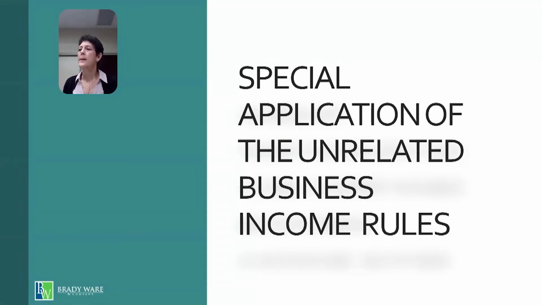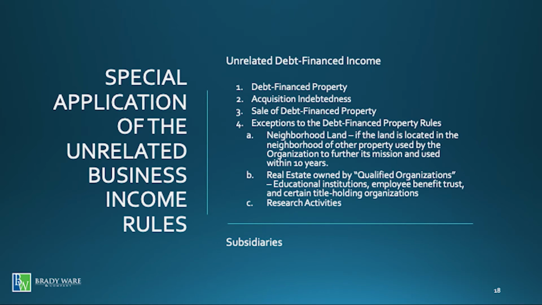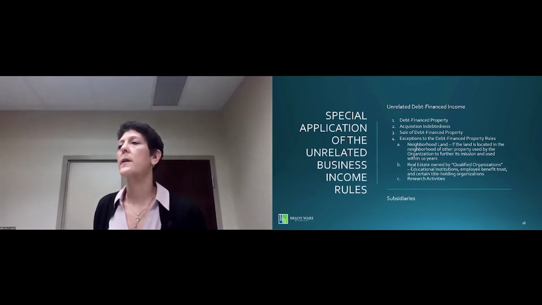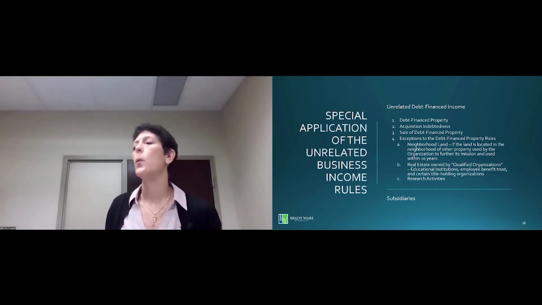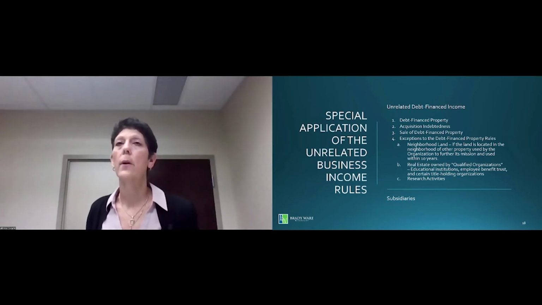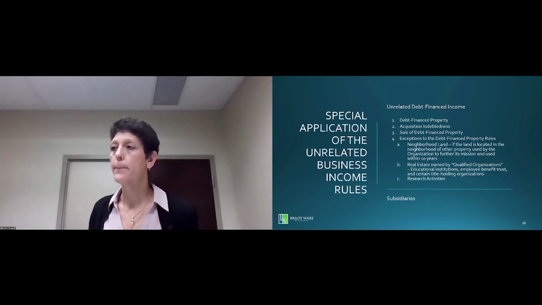So, as I said, there are some special applications that relate to unrelated business income. And the biggest issue here is when you have debt financed income. Say that your organization buys an office complex, but it's bigger than what you need, so you rent out space to either another nonprofit or just to the general public.